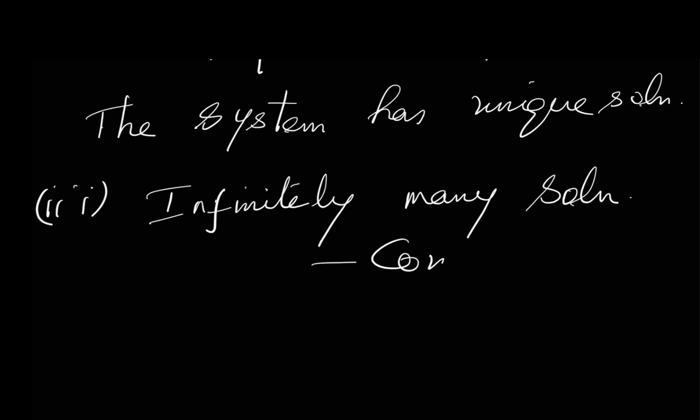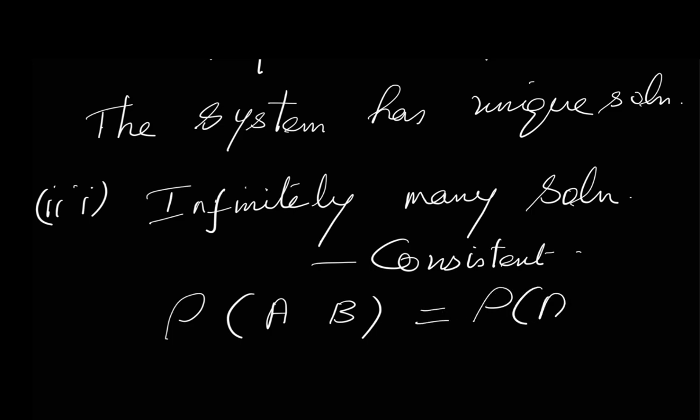Again here the system is consistent. So rank of AB is equal to rank of A, but it should be less than 3. Take 2, that is less than 3, the number of unknowns.